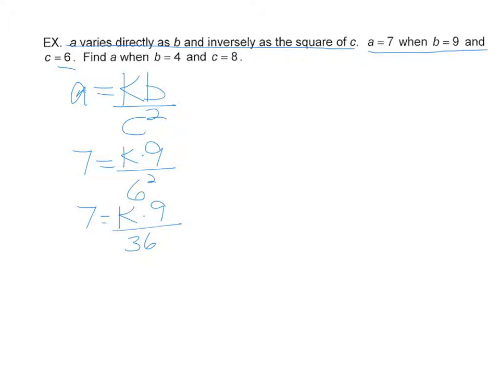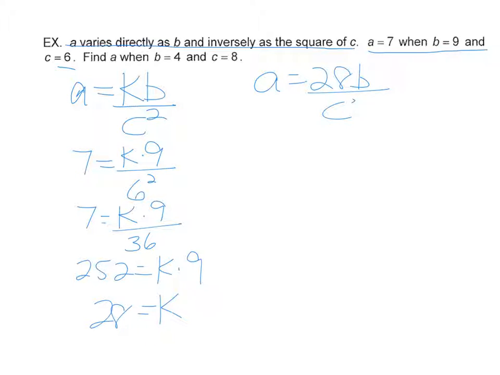I can multiply both sides by 36. 252 equals k times 9 and divide by 9. K equals 28. Now rewrite the formula filling in k. A equals 28b over c squared.